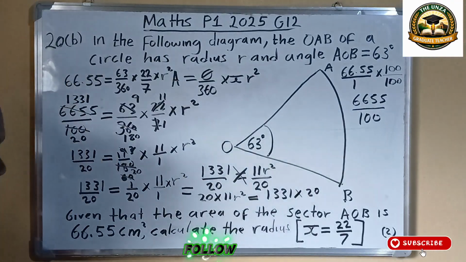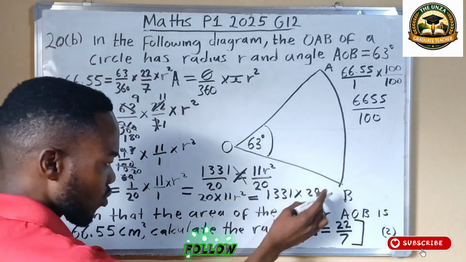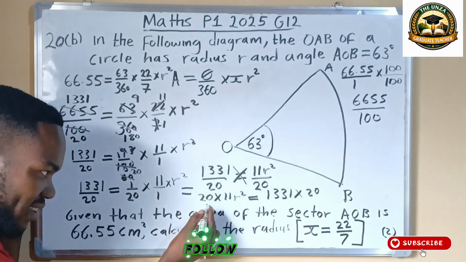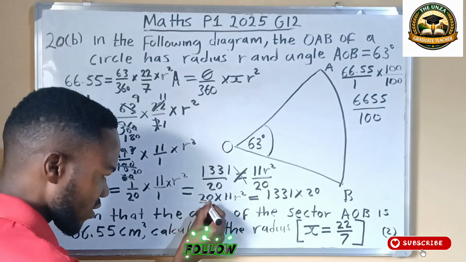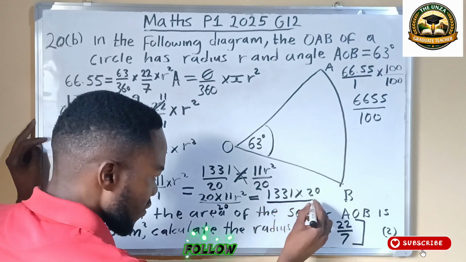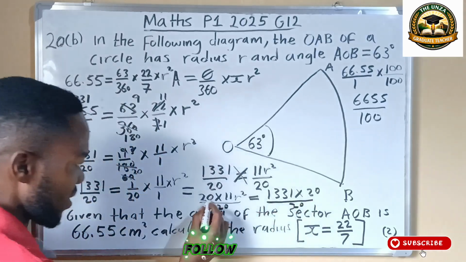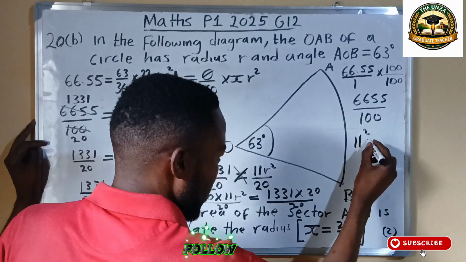If you want, you can multiply this out, but since we know that this side there is 20 and this side is 20, you can just divide both sides by 20. So that means 11 r squared will remain alone.